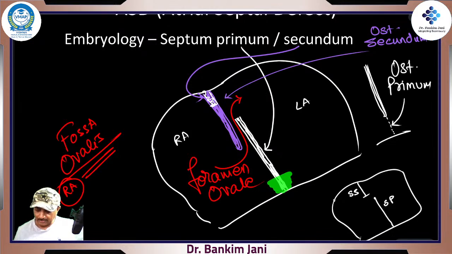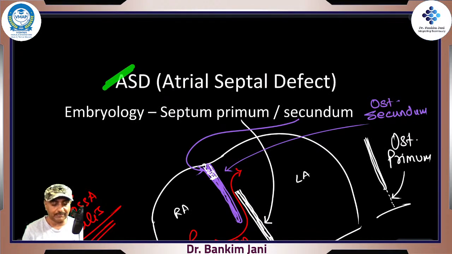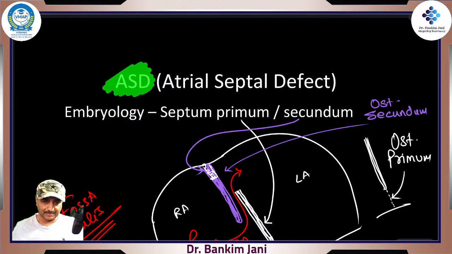So now, even if it tries to cover this, the foramen ovale will always remain patent. This is like a defect in the septum, and that is atrial septal defect, right? Whatever the way it is developing, this is what happens.